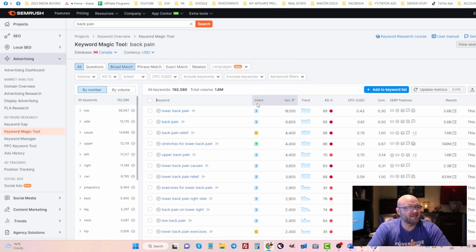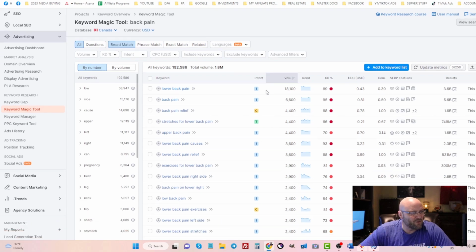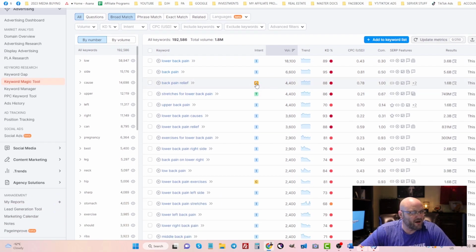So if my budget is $100 a day and I've done the math, let's say I would pick maybe 20 keywords at max. I would say maybe 10 to 20 keywords for my testing phase of my campaign. So what I want to do is find keywords with high commercial intent or high transactional intent.